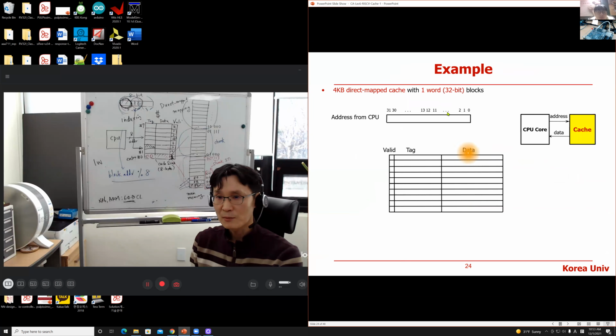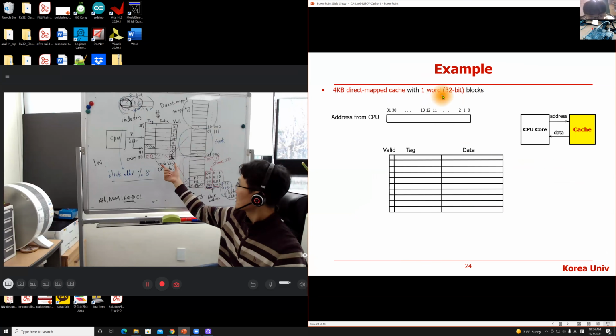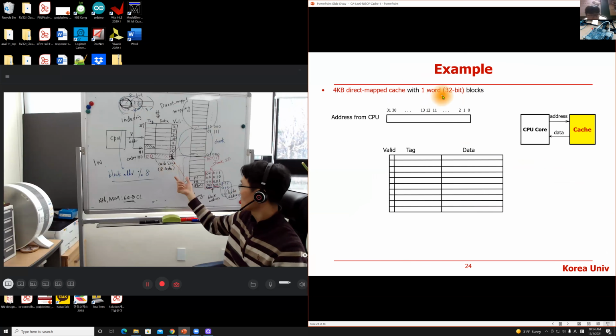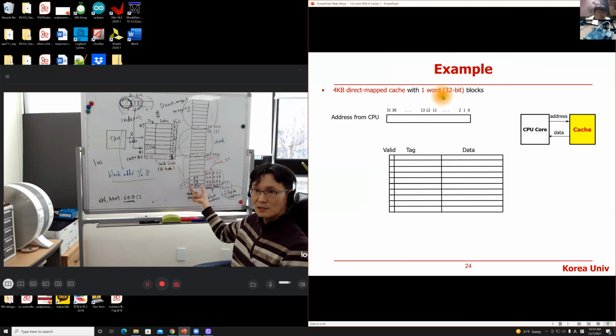So one example: a 4K byte direct mapped cache with 1 word memory blocks, meaning the cache line size, or memory block size, is 4 bytes.